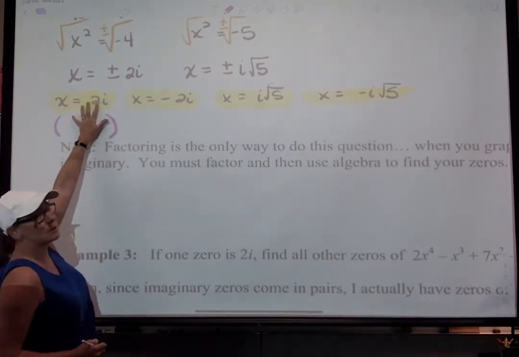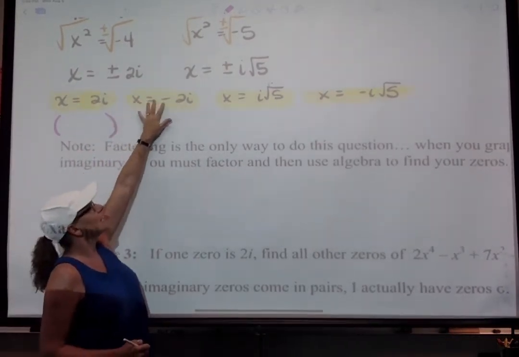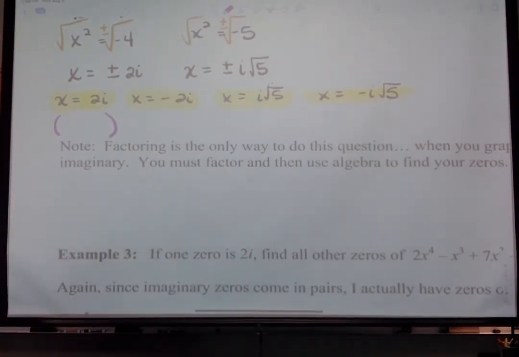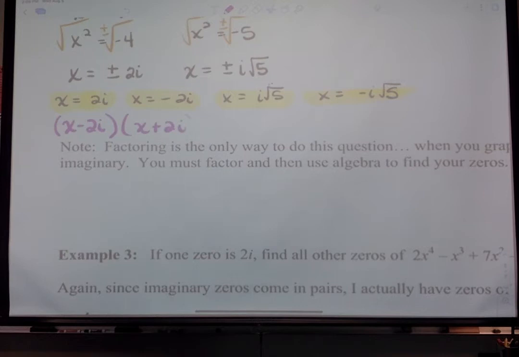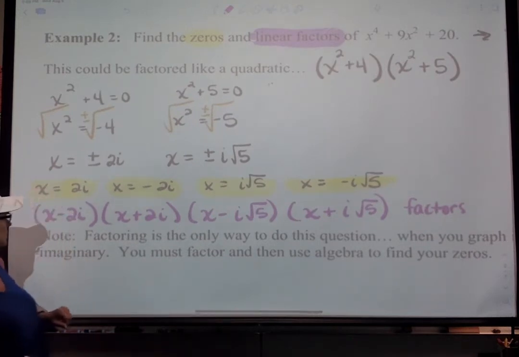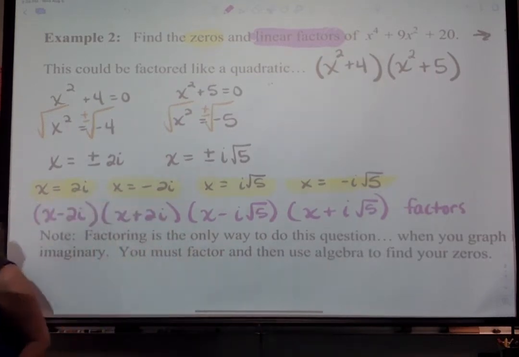Let's say that this were just x equals 2. Wouldn't you write x minus 2? What if this were x equals negative 2? Wouldn't you just write x plus 2? You know how to do that. So I'm going to go x minus 2i, x plus 2i, x minus i radical 5, x plus i radical 5. Those are factors. Are they linear? Yeah. X to the first, x to the first, x to the first, x to the first. They are linear factors.